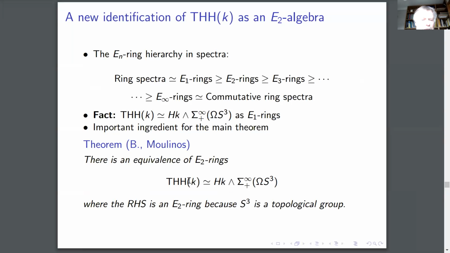But of course, THH K is already E infinity. So these two structures are not obviously related. No, the right-hand side, before smashing with K, no one even knows if this is E infinity or not, or at least no one I know. Yeah, you're right. But the left-hand side, you have an E infinity structure. So it's kind of weird.